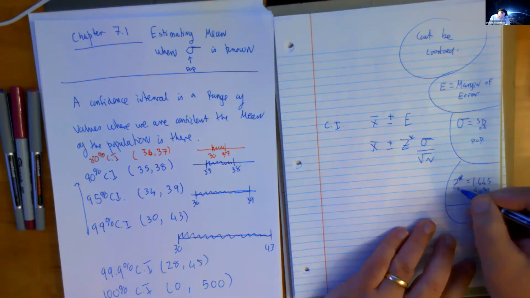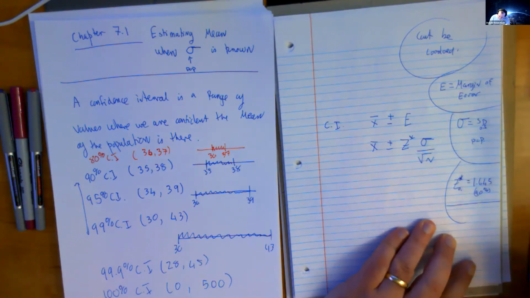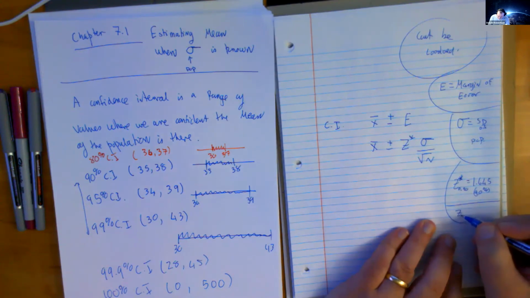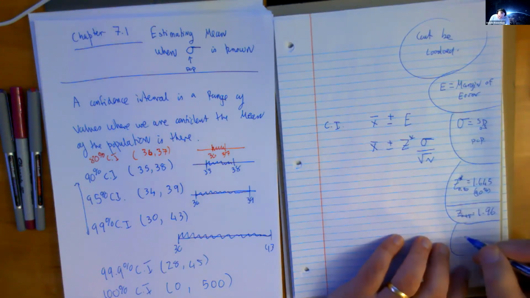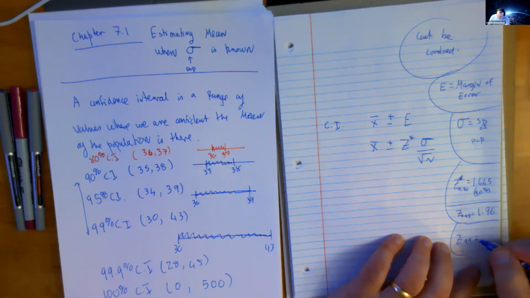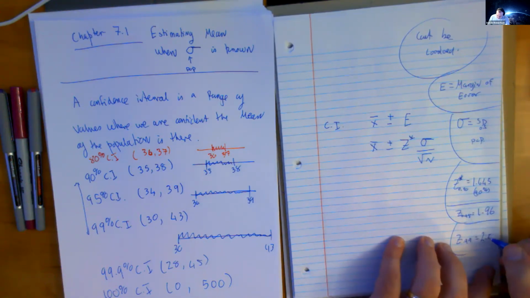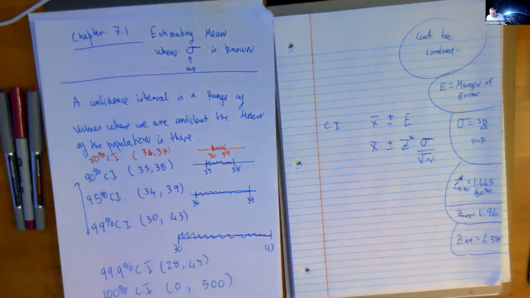And he's very often written as Z.90. And if you want a Z.95, he's a 1.96. And if you want a Z.99, which is a 99, it's 2.575 or 2.58, depends on the textbook.